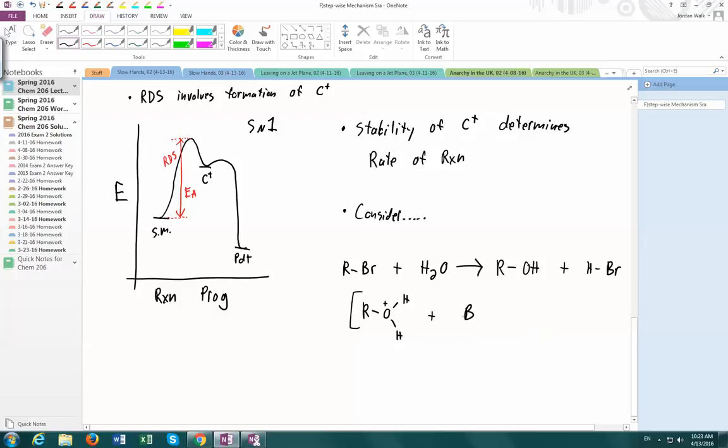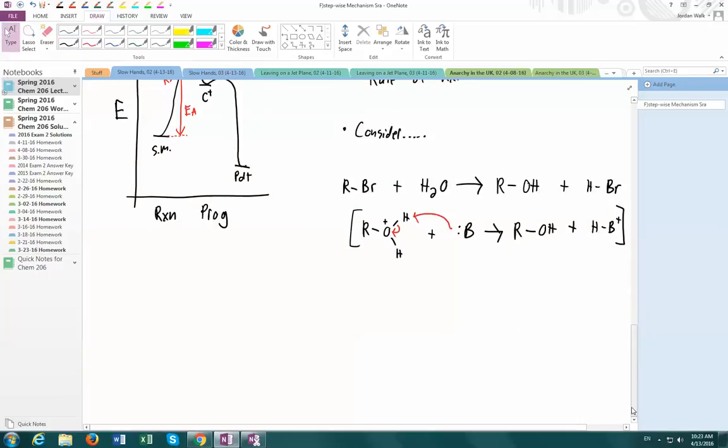So you're perfectly fine just drawing a generic base, showing our deprotonation, which will lead to our ROH plus HB, like that. All right, so some deprotonation steps could be necessary as we go, depending on the nature of our nucleophile.